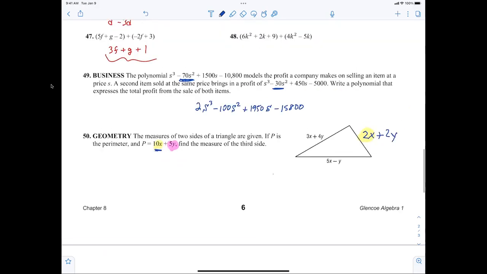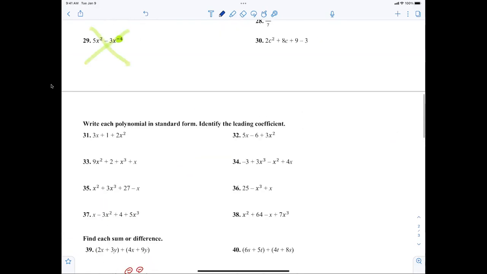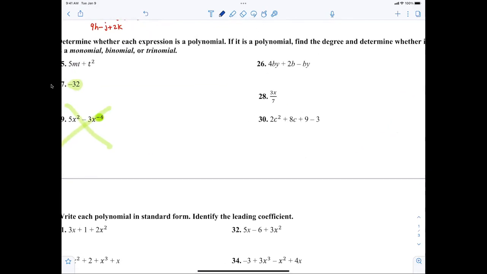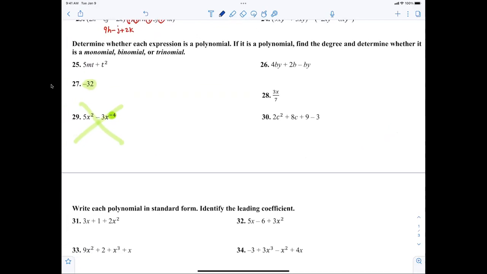All right, here we go. Let's look at 28 real quick. That's a monomial, right? And the degree is 1. What number are we doing? 6.